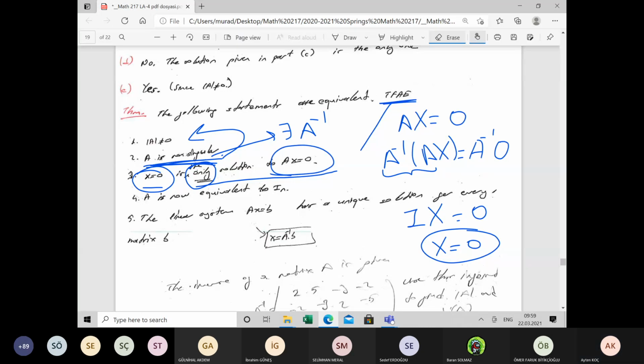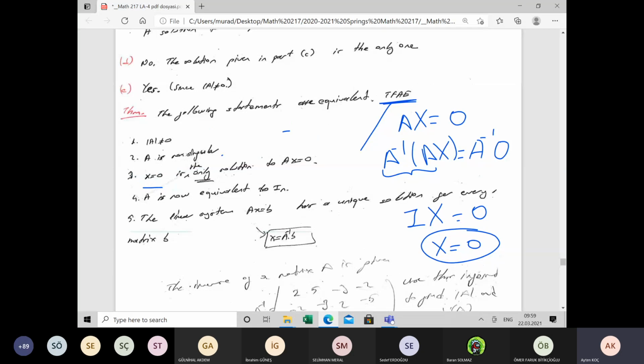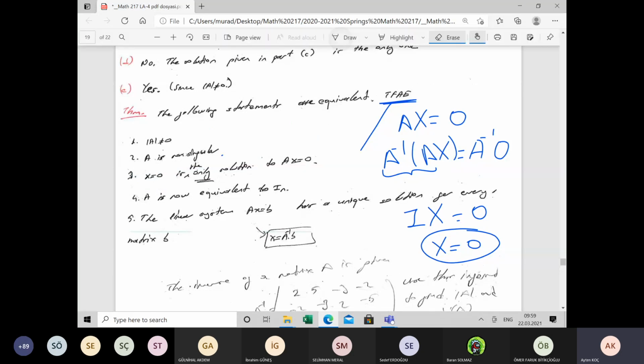So, the next one. The following are equivalent: if the homogeneous system has only the trivial solution, this matrix is non-singular, and there exists the inverse. It is an if and only if condition. The next one: A is row equivalent to the identity matrix.